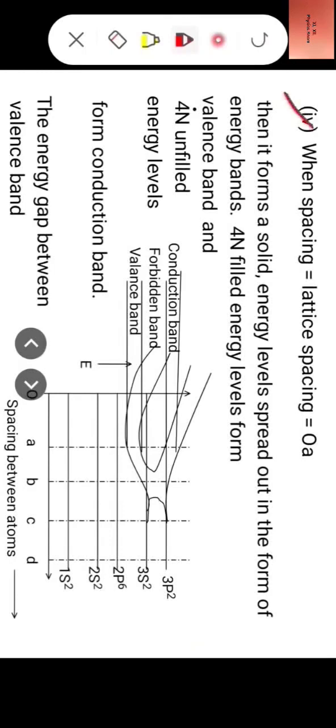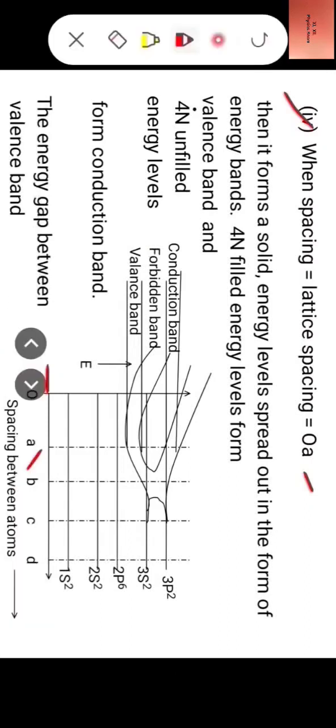Now the fourth step, when the spacing is equal to the lattice spacing OA. So this is point O and this is point A. So the atoms are very near to each other now. When the spacing is equal to the lattice spacing OA, then it forms a solid.